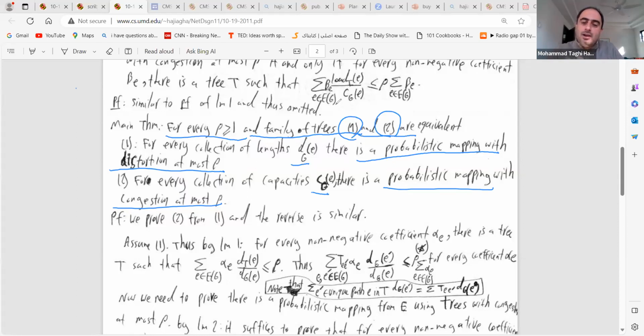Because if I have the result for distortion, then I can change it using the equivalence lemma that I proved to get this theorem for congestion as well. And vice versa. If I have this for congestion, I can also do it for distortion for the distances as well. So this is the theorem that we are talking about.